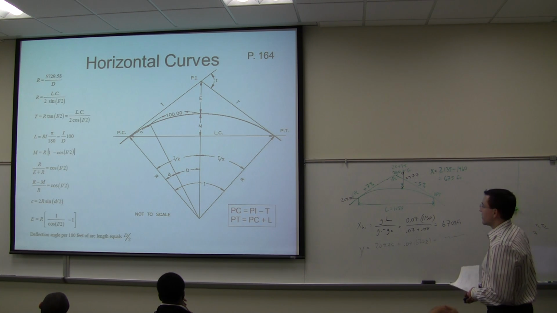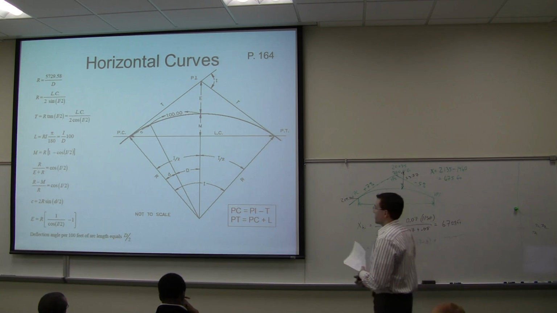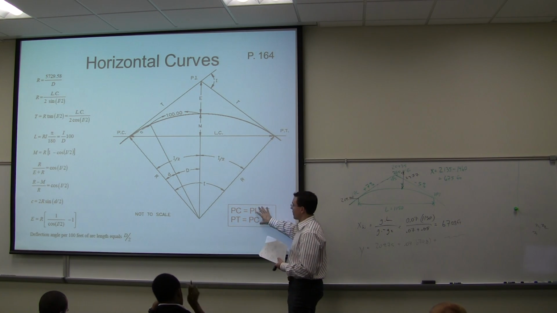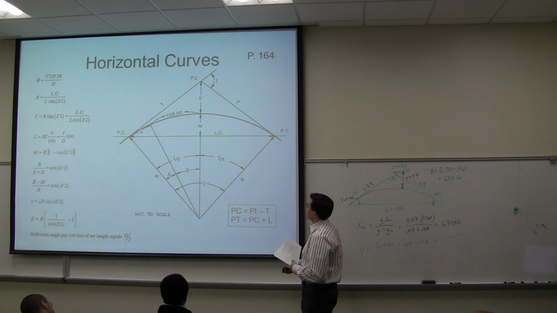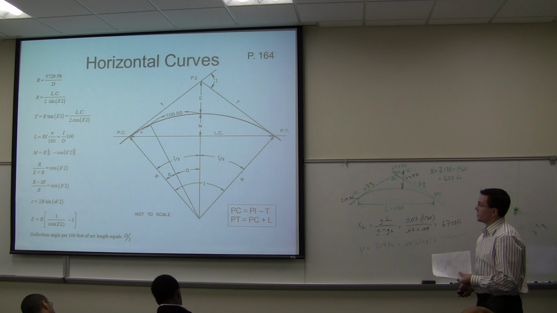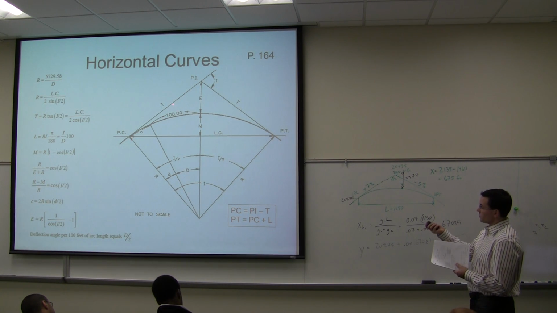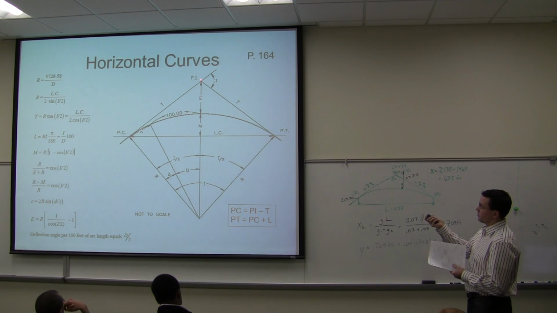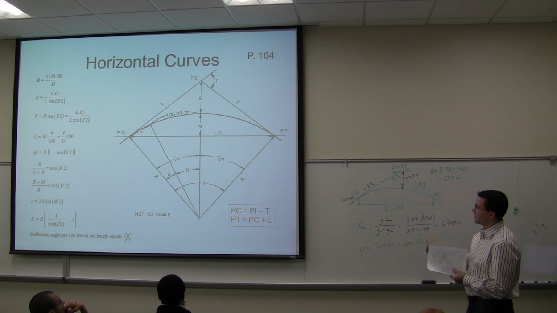The main thing that they do not give you in terms of the equations is a basic relationship. Again, you're going to be given the initial PI station and asked probably to find the PC station and the PT station. T is the tangent distance measured from the PI to the PC.